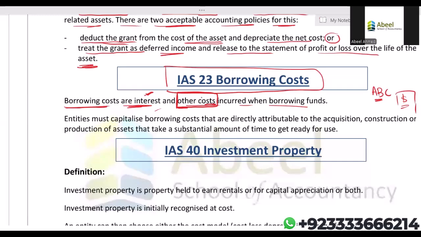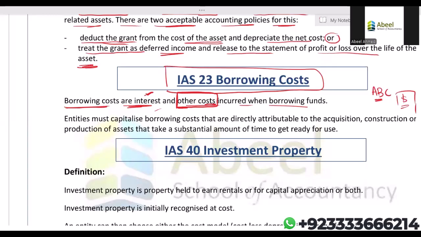Please try to understand. Let's say I have recognized the accrued interest, and let's say payment will be after the end of the year. Obviously, when I actually make the payment, the exchange rate is going to be different.